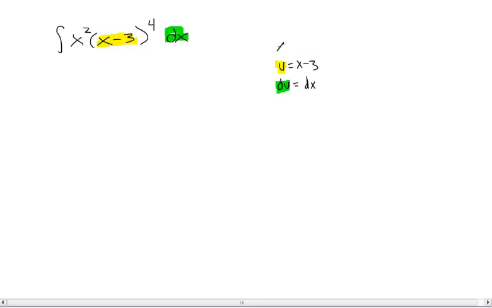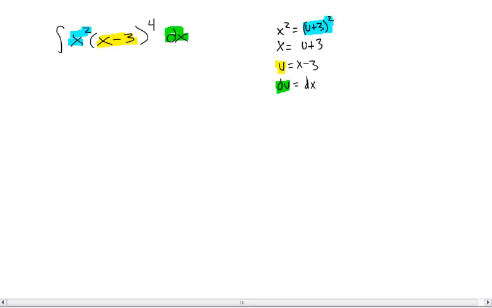So here I'm going to have x equals u plus 3. And now if I square both sides, I have x squared equals (u plus 3) squared. And here's our other substitution. So we can say that x squared is going to get replaced with (u plus 3) squared.